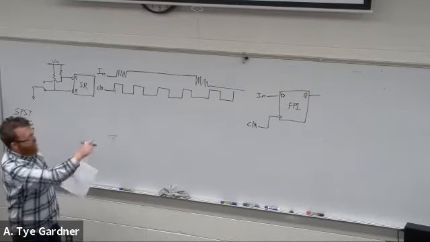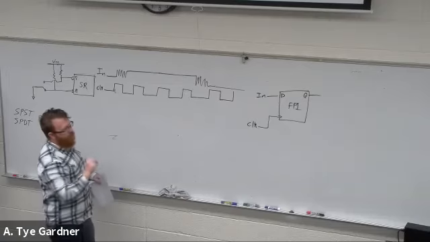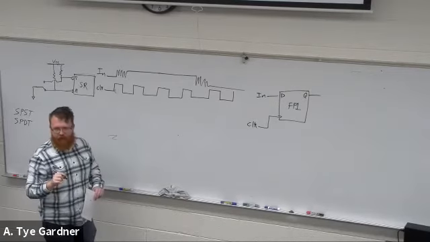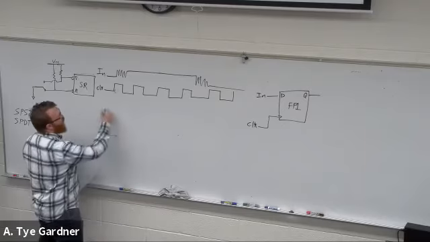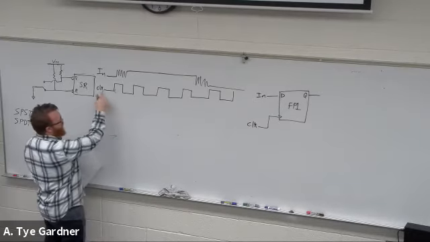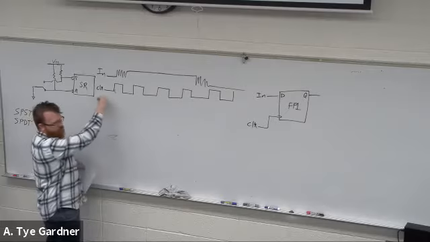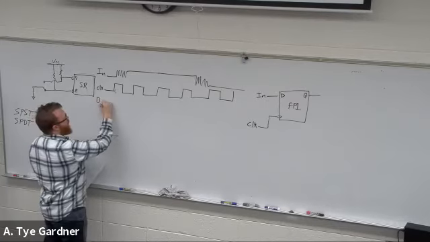So what happens to Q? Well, because there's no bubble on the clock input, right? This means it's a rising edge triggered flip-flop. So let's assume that it starts at 0. Because there's no clock here, I have to either say we don't know or start with an assumption. So let's say it starts at 0.